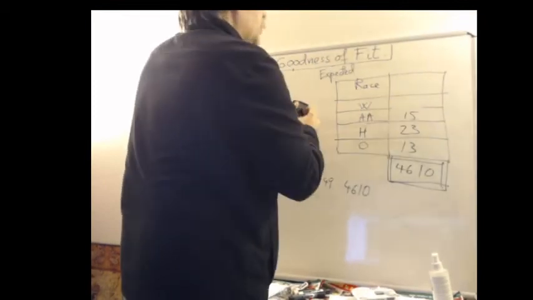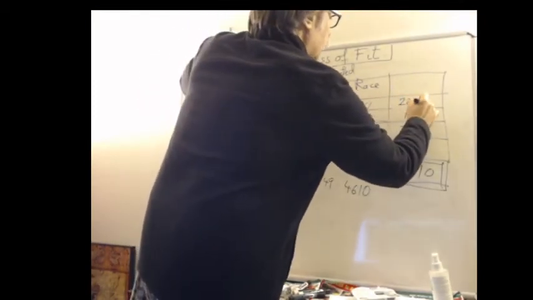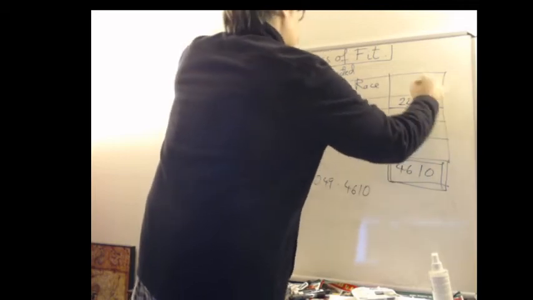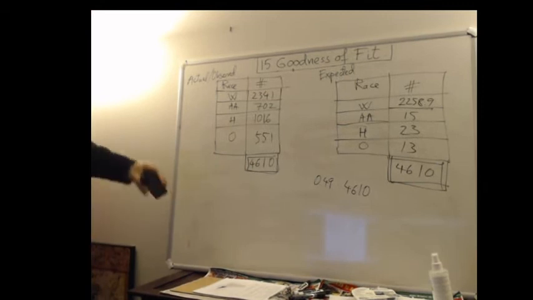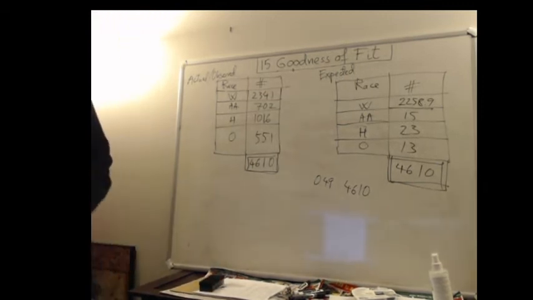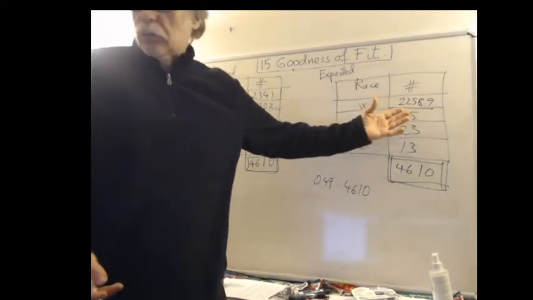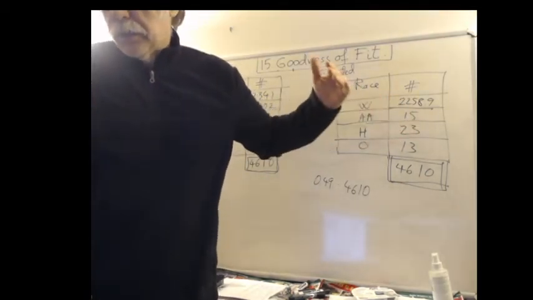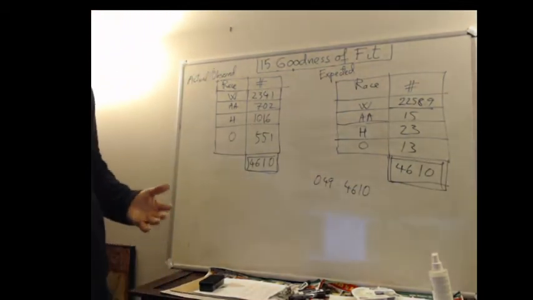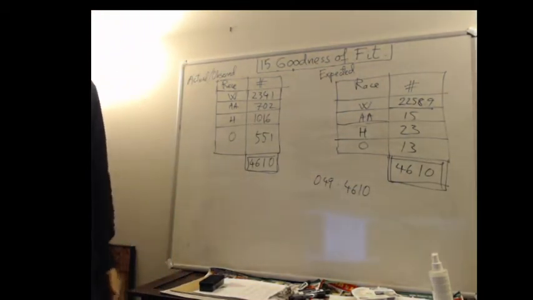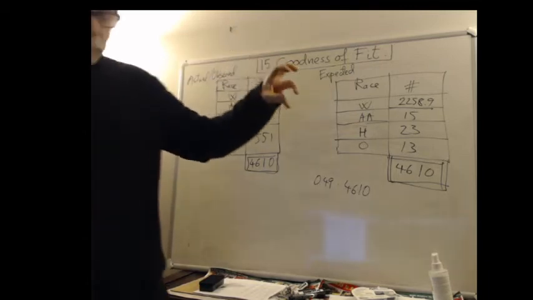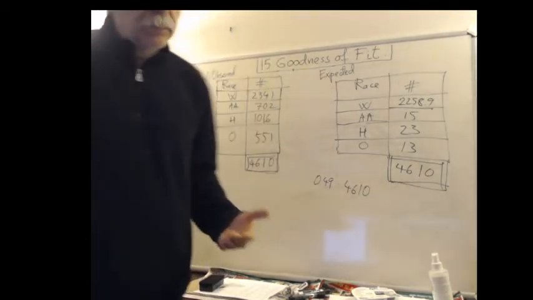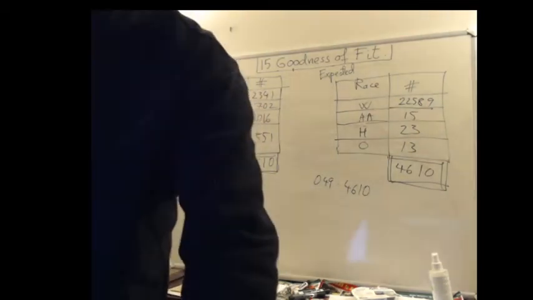So now this is not a percentage. It's the number of individuals that you should expect to have in the college. Again, the expected number is not the actual number. You're not going to have 2,258.9 people. You're going to have either 2,258 or 2,259. But this is the expected number, so you should not expect to get the rounded number.